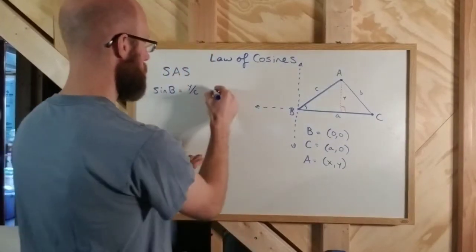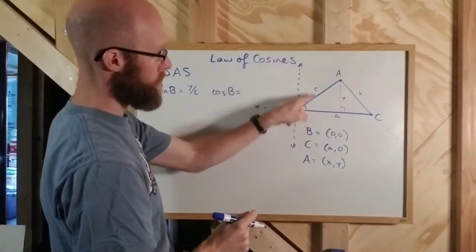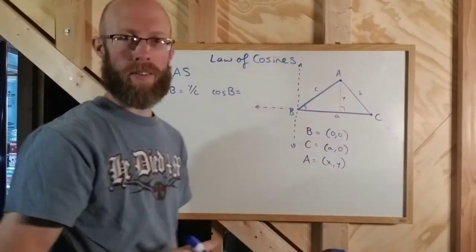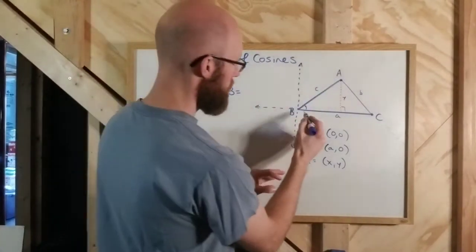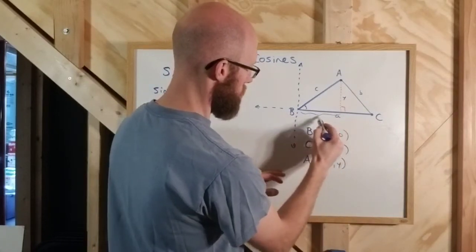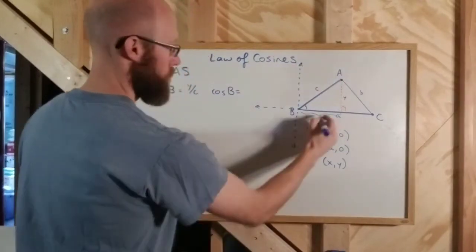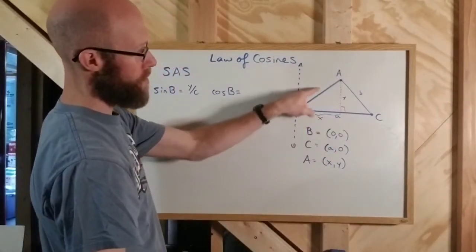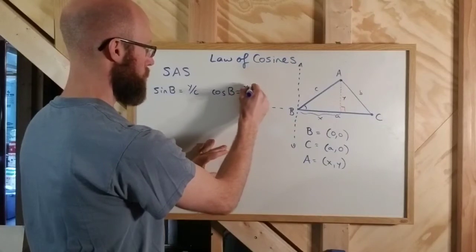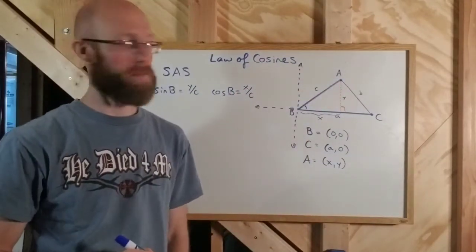I also know that the cosine of B is adjacent over hypotenuse. Oh, I do need the x. What was I thinking? So this distance here is the x value of that point for A, right? So that's going to be the adjacent side. Adjacent over hypotenuse is x over c, c being the hypotenuse for that right triangle.